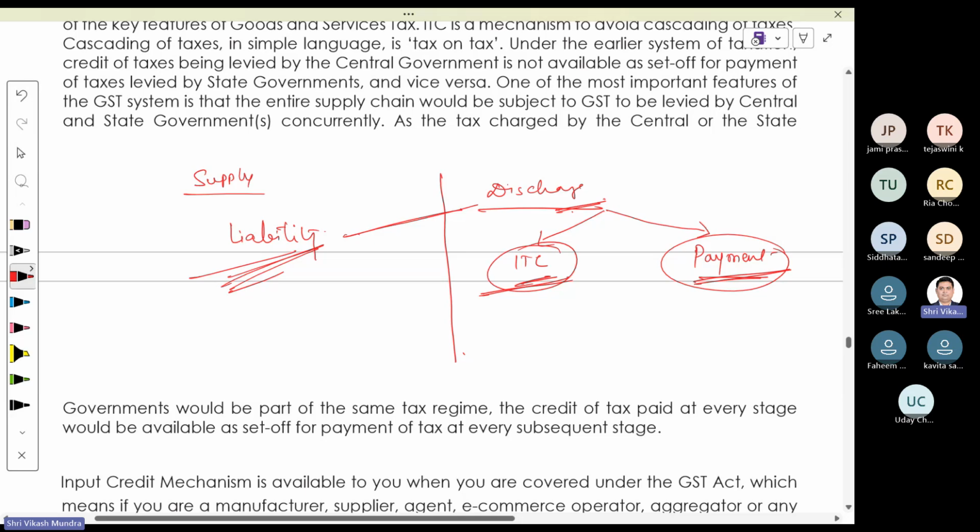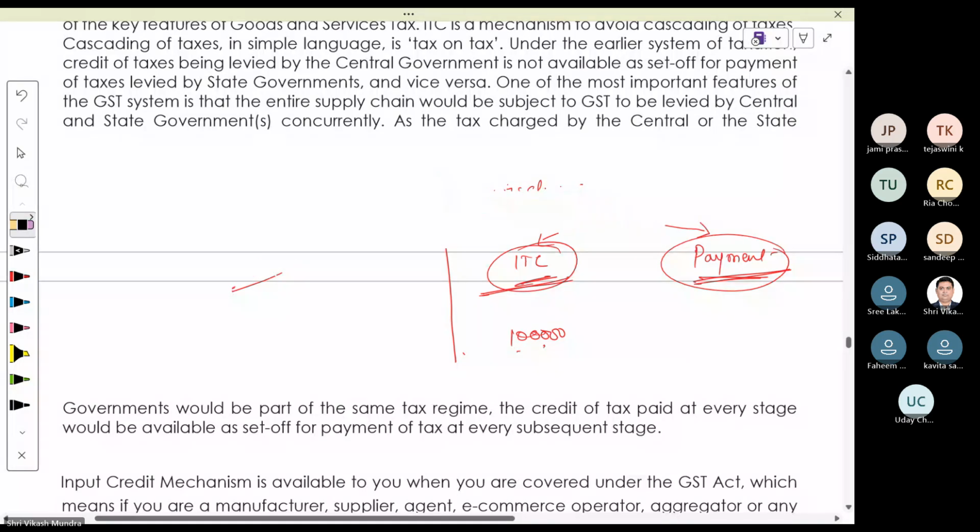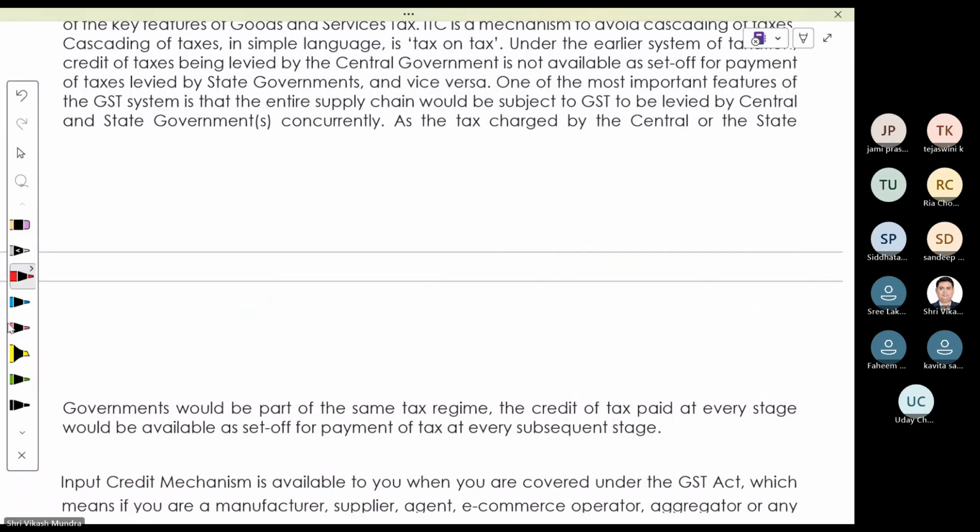Suppose I am a trader in goods. I bought goods worth rupees 1 lakh from Mr. X. On these goods, say 10% GST is applicable.